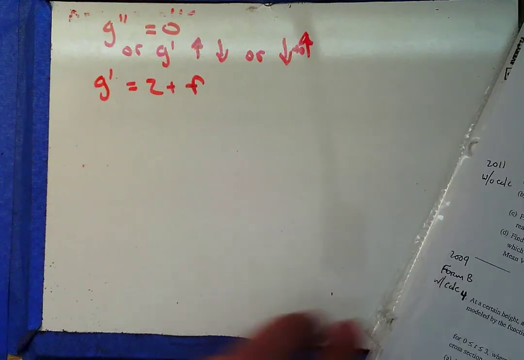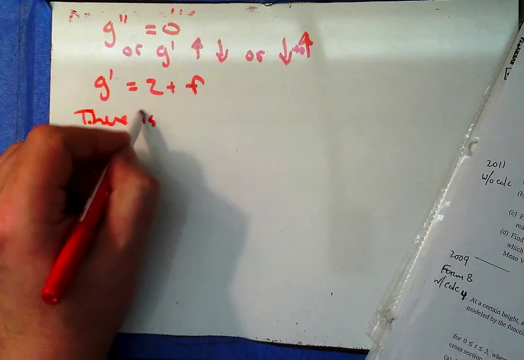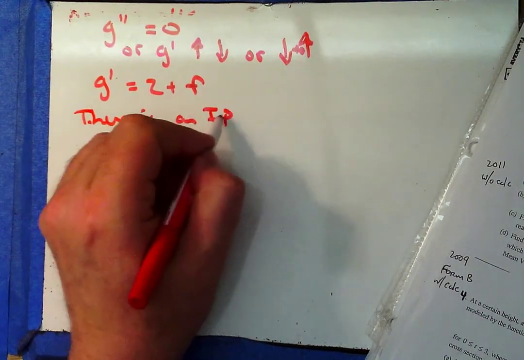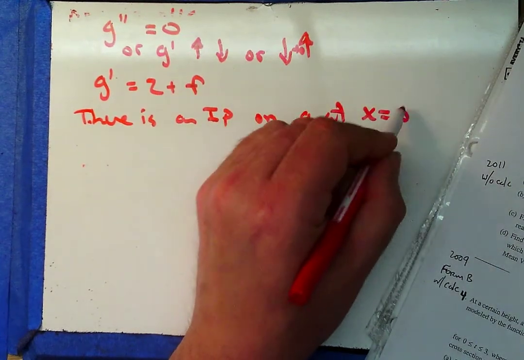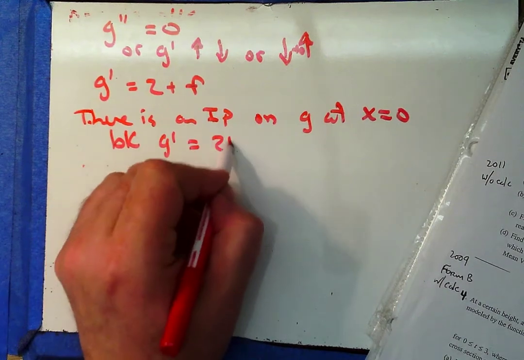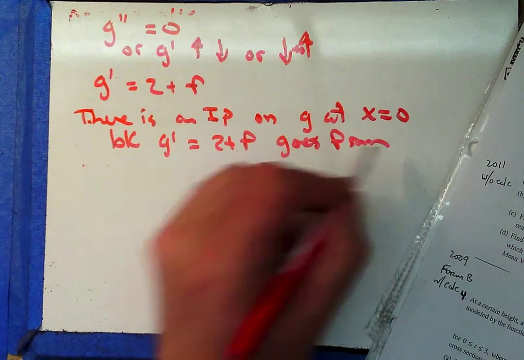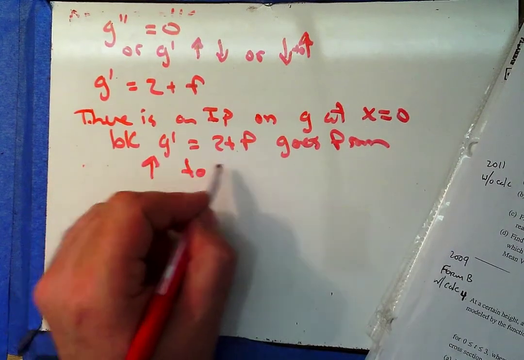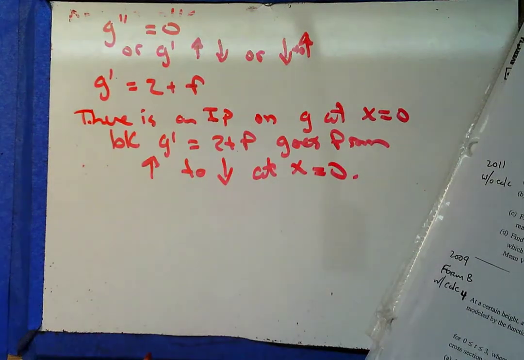So I suppose I have to justify this. Give a reason for your answer. There is an inflection point on G at x equals 0 because G prime equals 2 plus F goes from increasing to decreasing at x equals 0. And that would be my justification.